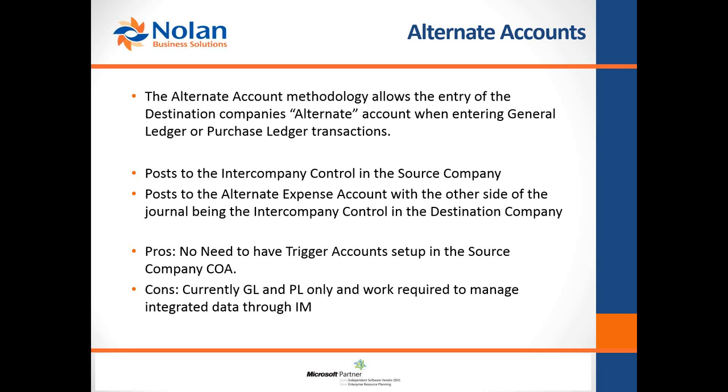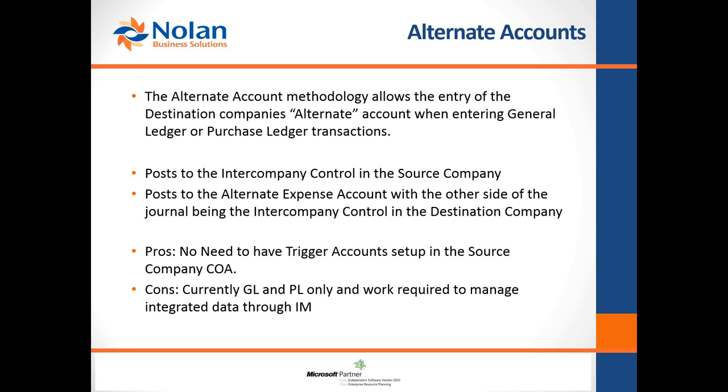If I was entering a purchase ledger transaction, I would post it in the source company to my InterCompany control account and specify the alternate account being the expense account in the destination company. Again, it posts across to the other side, and that can be done automatically or stopped at any of the gates as it comes through.